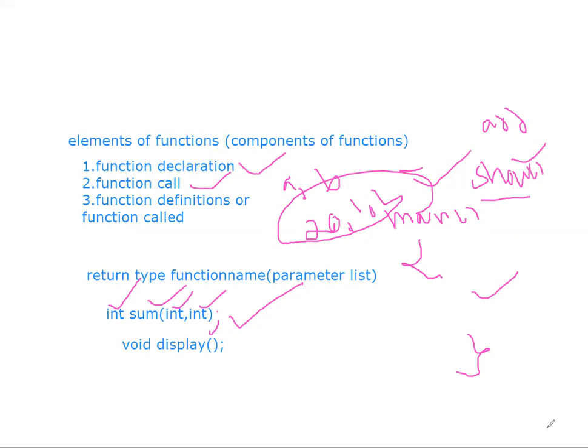The function call syntax: function name, parenthesis, argument list or parameters list. This is the syntax of the function call.